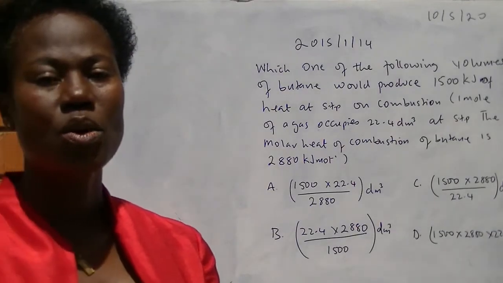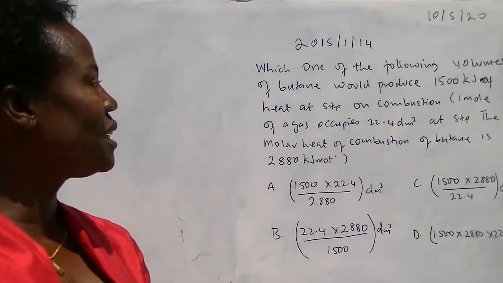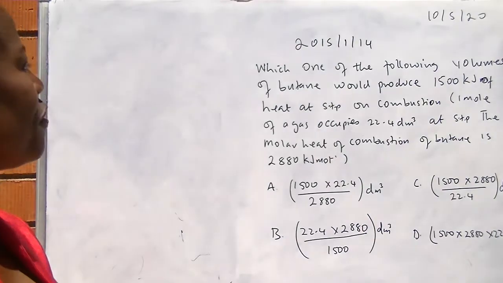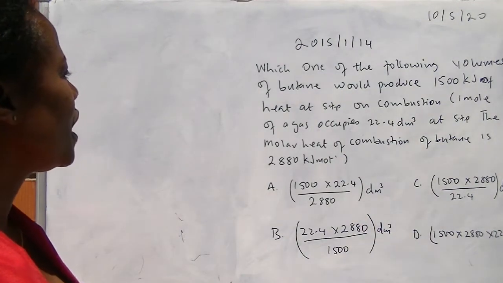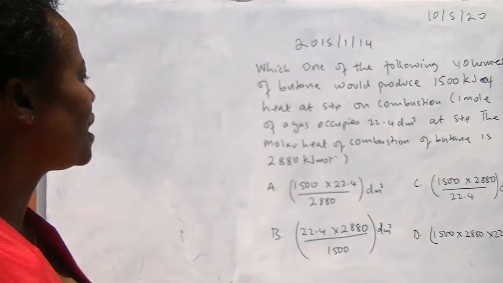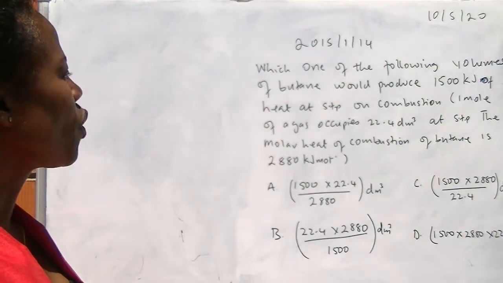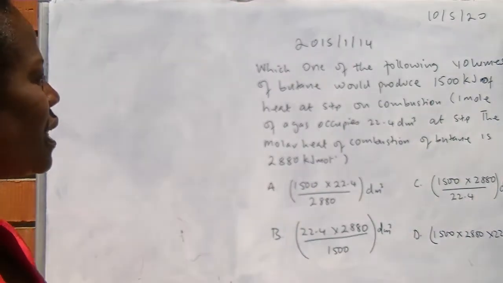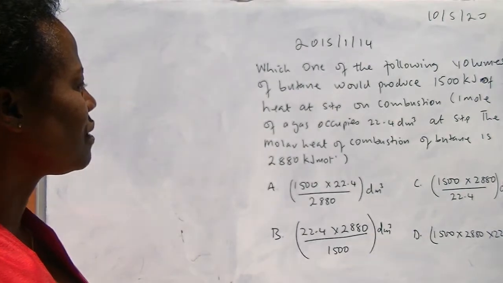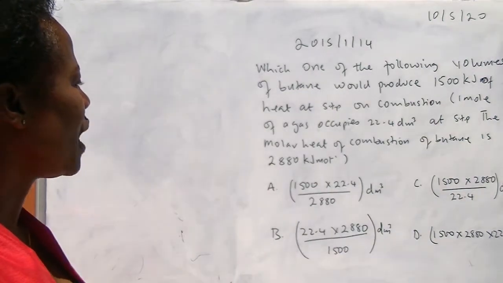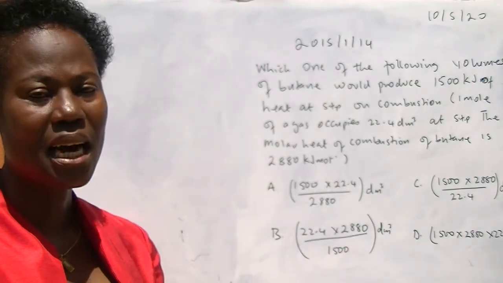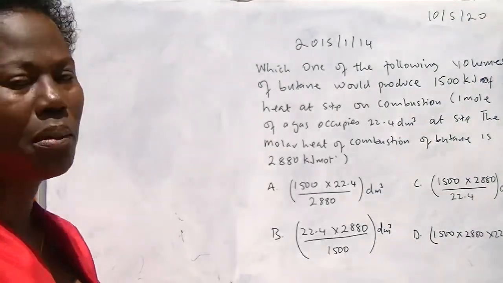Example 2 is obtained from 2015, paper 1, number 14. Which one of the following volumes of butane will produce 1,500 kilojoules of heat at STP on combustion? We are told that 1 mole of a gas occupies 22.4 cubic decimeters at STP, and the molar heat of combustion of butane is 2,880 kilojoules per mole.